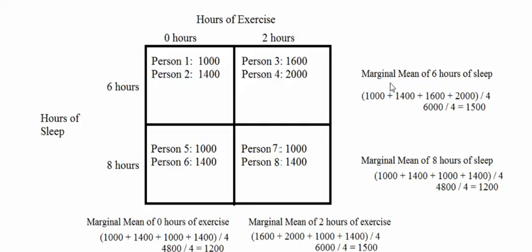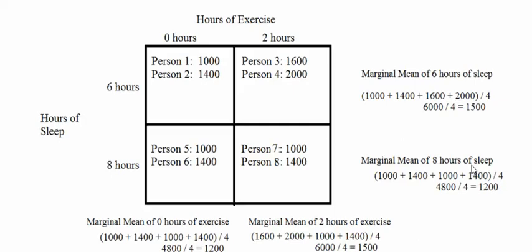That's because it's just basically the mean of all 4 people with 6 hours of sleep, because row 1 is 6 hours of sleep. Now imagine that the researcher calculated the mean of all 4 people in row 2. Well, that would be the marginal mean of row 2, and it would just be the marginal mean of 8 hours of sleep, because in row 2, there are 4 people who all got 8 hours of sleep, and their mean is just the marginal mean of 8 hours of sleep.